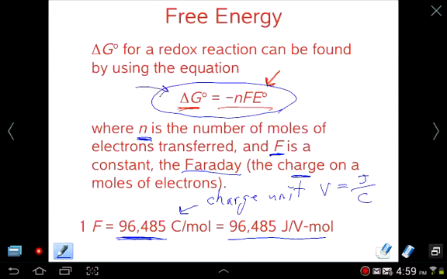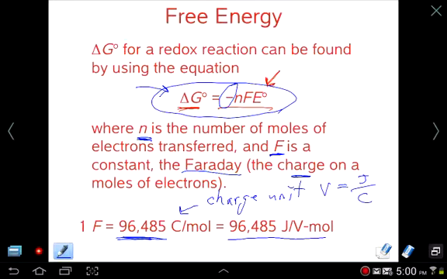Now, right away, let's take a quick note. Whenever E is positive, if the cell voltage is positive, this means the reaction will run on its own. And that's why we have a negative sign in front of here.